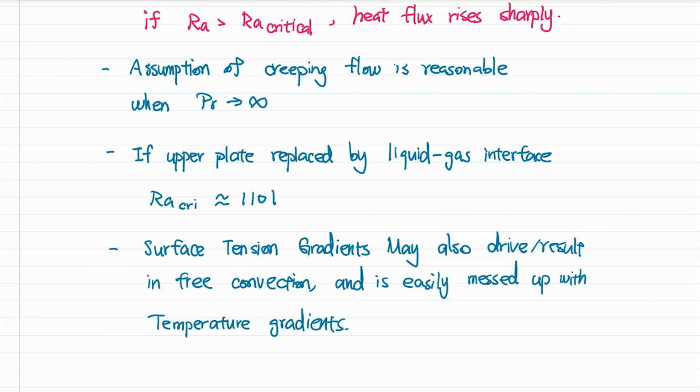Sometimes it is the surface tension gradient that's causing your free convection, not the temperature gradient. So you might wonder, why am I still having free convection even though my Rayleigh number is way below the critical Rayleigh number? In such a situation, you want to think about surface tension gradients instead of temperature gradients.